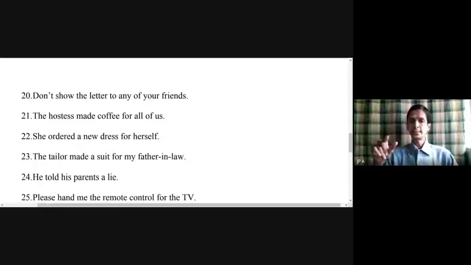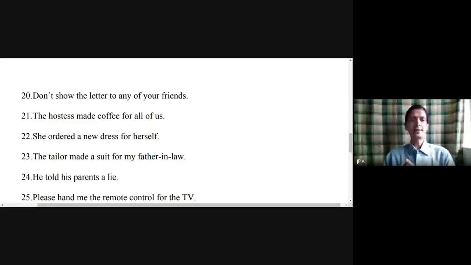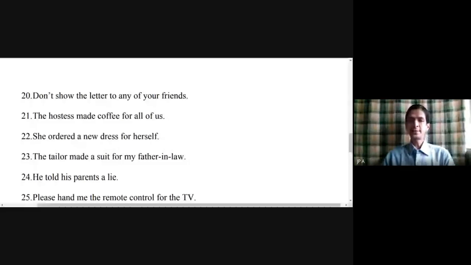The remote control is the direct object. And which is the indirect object? Hand to whom? Hand for whom? Me is the indirect object. അപ്പോൾ ഇവിടെയും ഒരു സാധനം 3 വാക്കുകൾ വേറെ കയറി വന്നിട്ടുണ്ട്. For the TV. അതെന്താണ്? For the TV എന്താണ്?